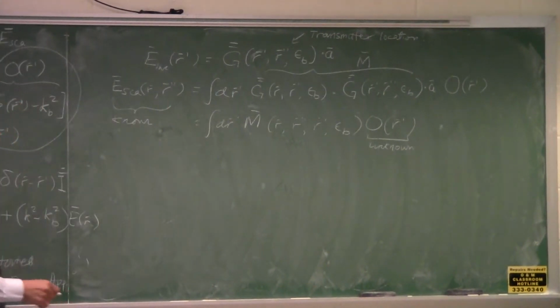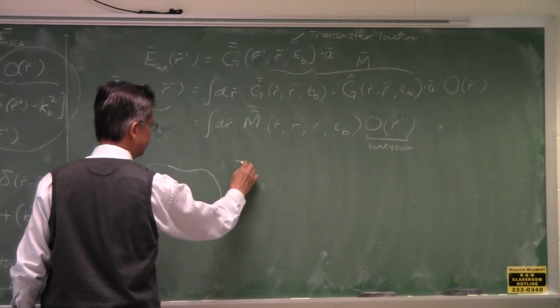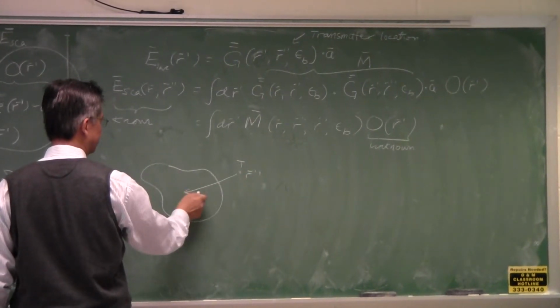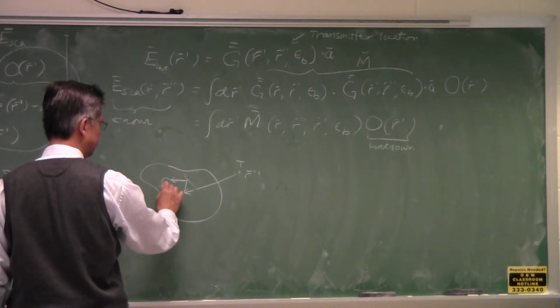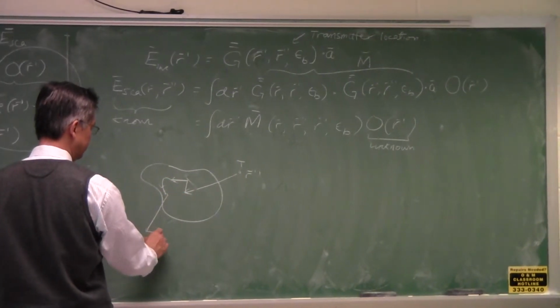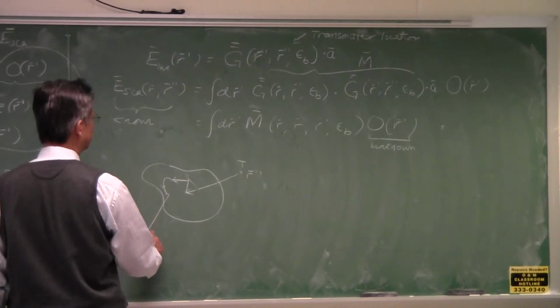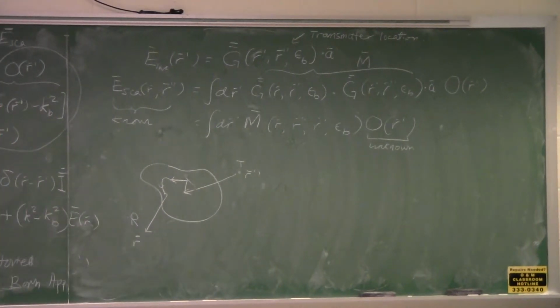I can do this by experiments because essentially it says that I put a transmitter at R double prime, shine a wave in, it could multiply scatter inside, and finally leave and then reach the receiver at R. Okay.